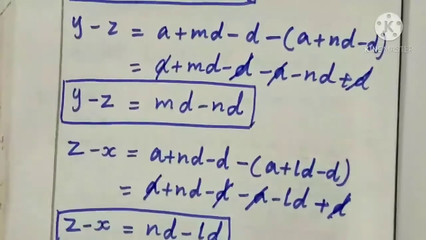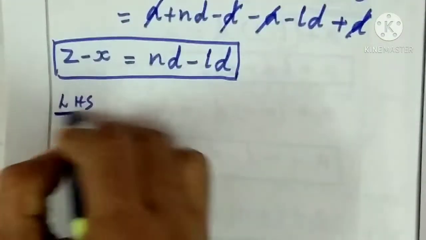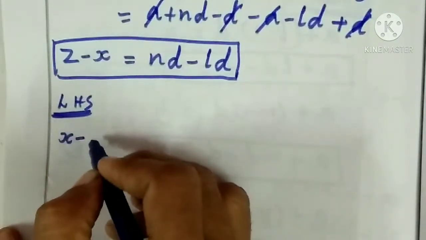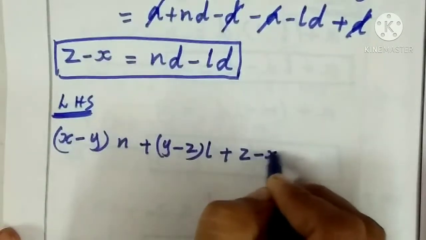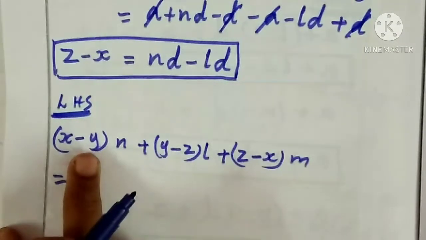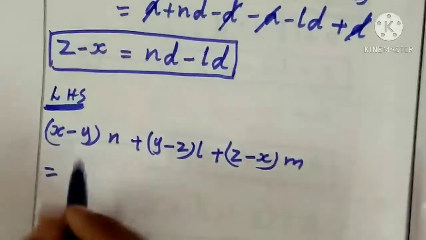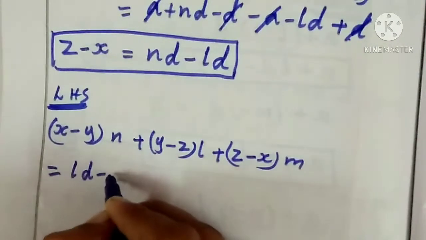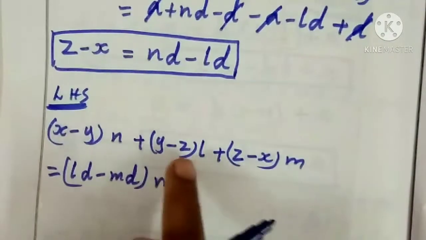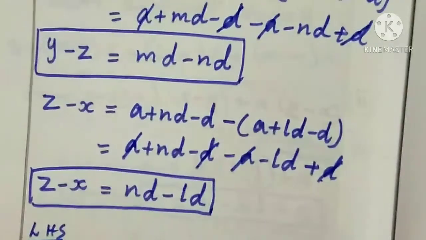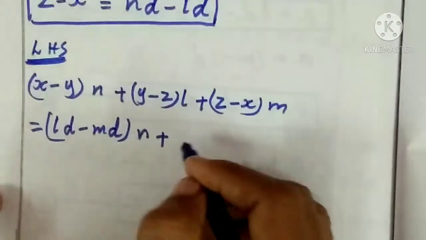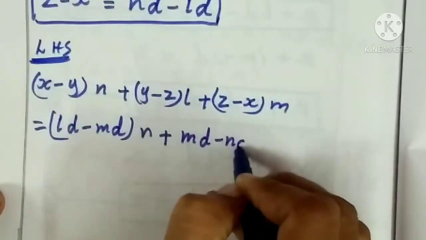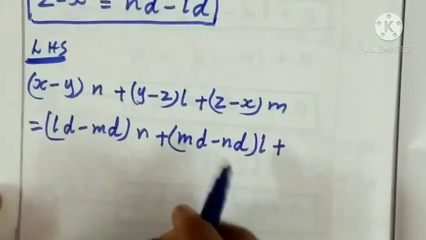That is, the left hand side is x minus y into n plus y minus z into L plus z minus x into m, which is equal to, instead of x minus y, LD minus MD into n plus, instead of y minus z, MD minus ND into L plus z minus x.